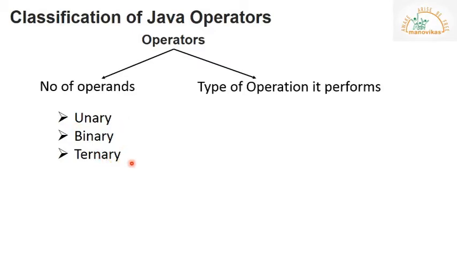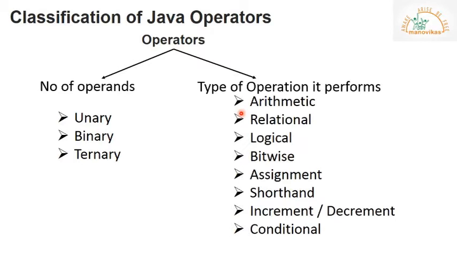So these are the three different forms of operators based on the number of operands it uses for calculation. Based on the type of operation it performs, it is classified as arithmetic, relational, logical, bitwise, assignment, shorthand, increment, decrement and conditional operators.